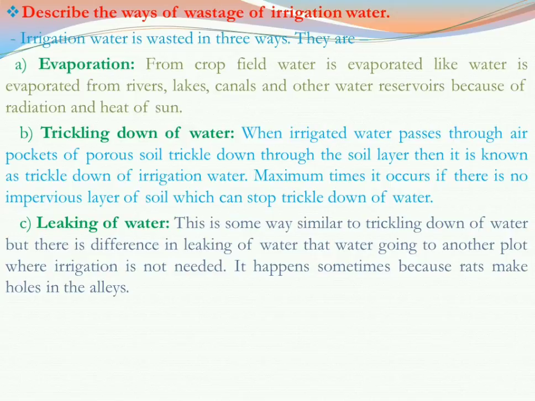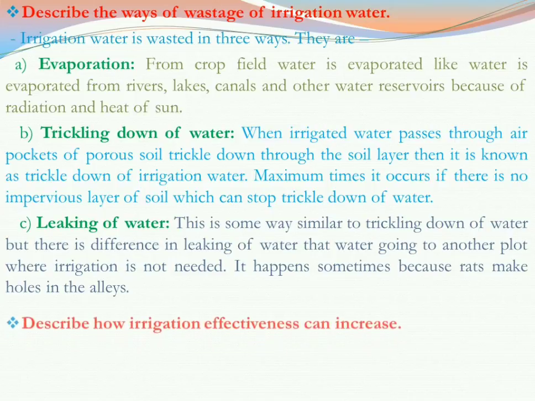This happens mostly because of rats, because rats make holes in the alleys, and through these alleys the water passes through to the next field. So this is another way how leaking happens and water is wasted.